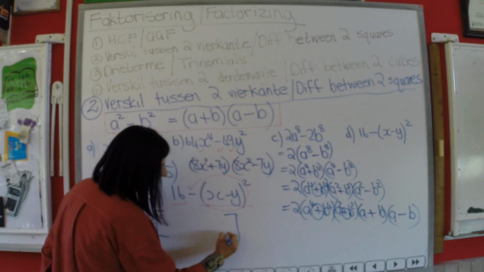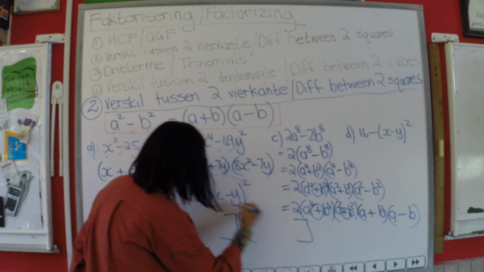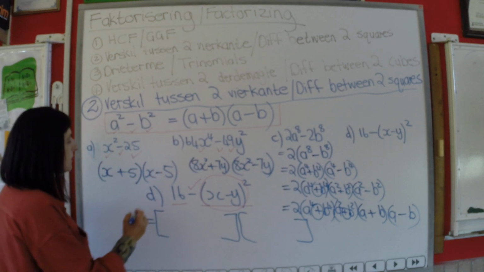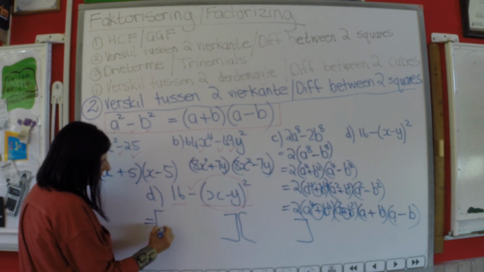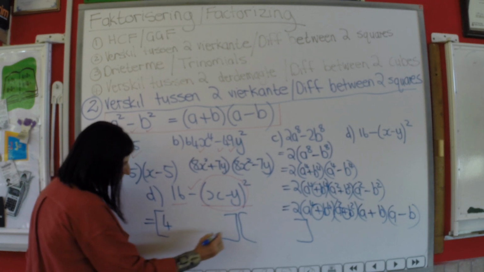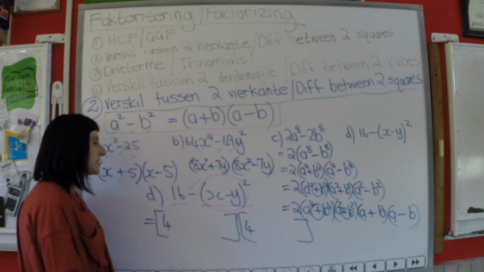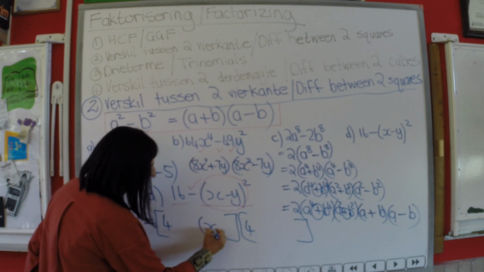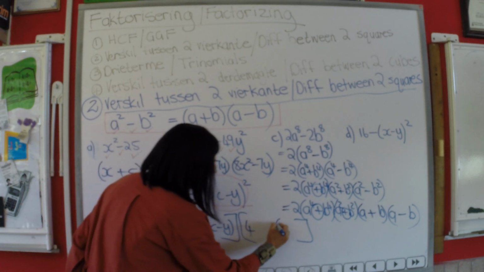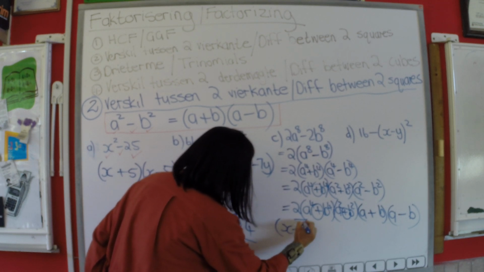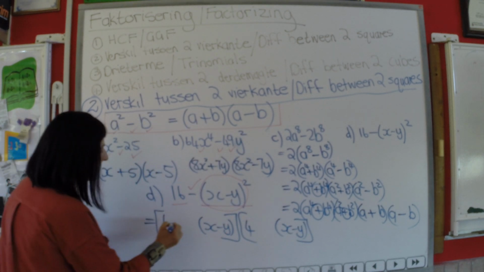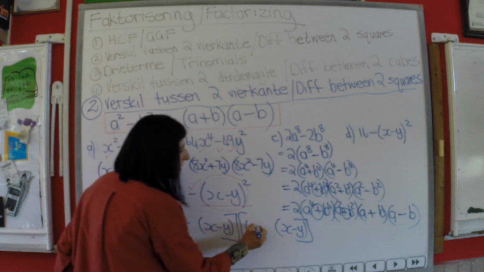And I'm making square brackets because I've already got a round one there. So I'm going to say the square root of 16 equals 4. The square root of x minus y squared, x minus y, x minus y. Keep your round brackets. In the one a plus, in the other one a minus.